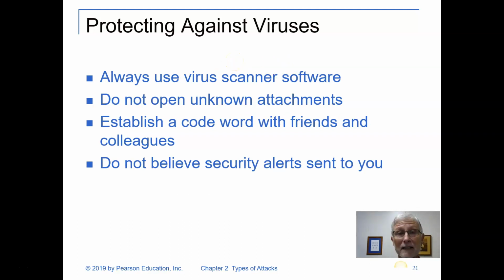Now, how do I protect against it? Make sure every computer you have is using some kind of virus scanner. If you don't know who the attachment is from, don't open it. Maybe establish a code word with friends and colleagues to check whether an email is valid.